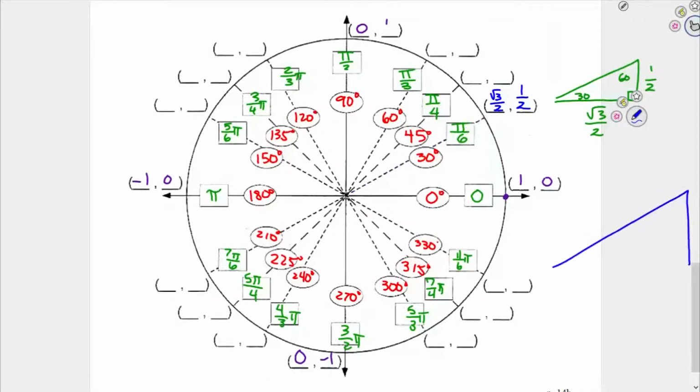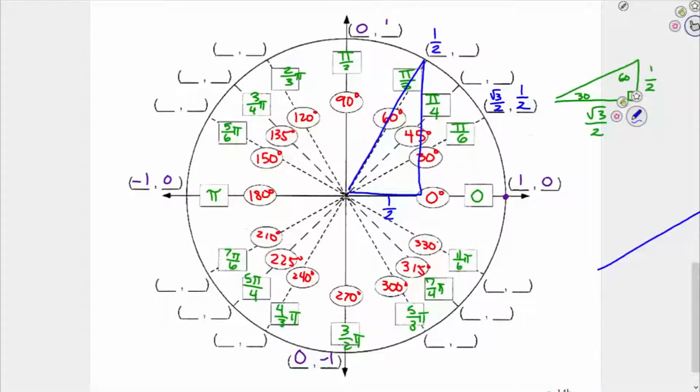As I go to this one right here, the x-coordinate is the short leg, 1/2, and then I go up the y-coordinate of the longer leg, root 3 over 2. Again, 1/2 and root 3 over 2 are my only options.